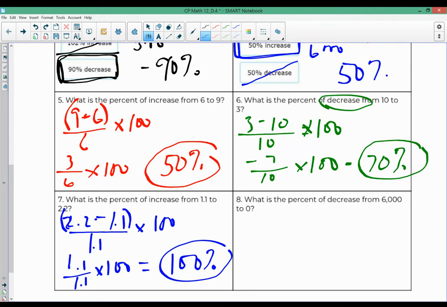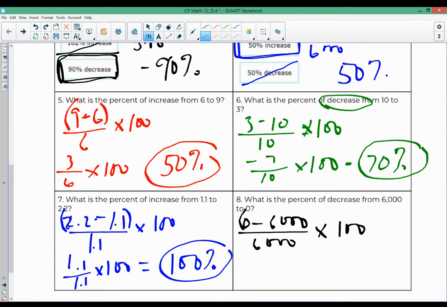Cool, huh? What is the percent of decrease from 6,000 to 0? So I do new minus old divided by old times 100.